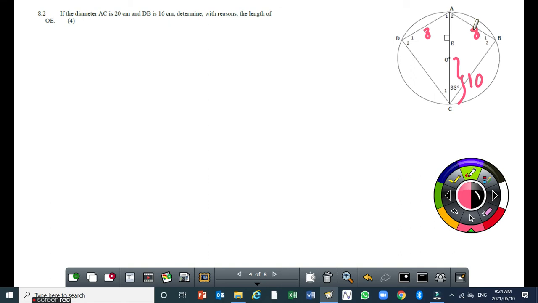So OE is from here up to there, right? I need to just indicate that nicely. So it's from here to there. This is the length that you're supposed to determine. My suggestion, it's unfortunate if you didn't see the question and this is your first time seeing it, then you have issues. My suggestion would be make OE equal to X, because it was not indicated.